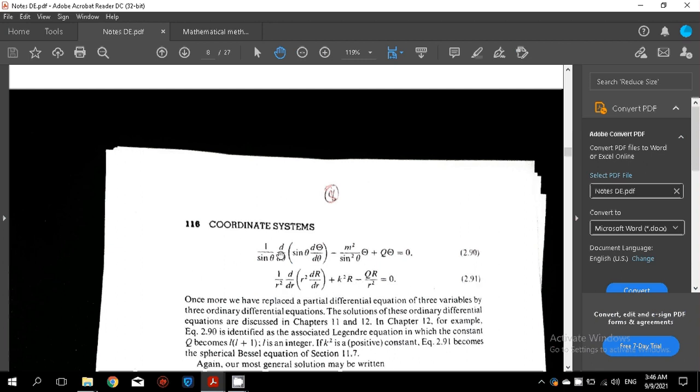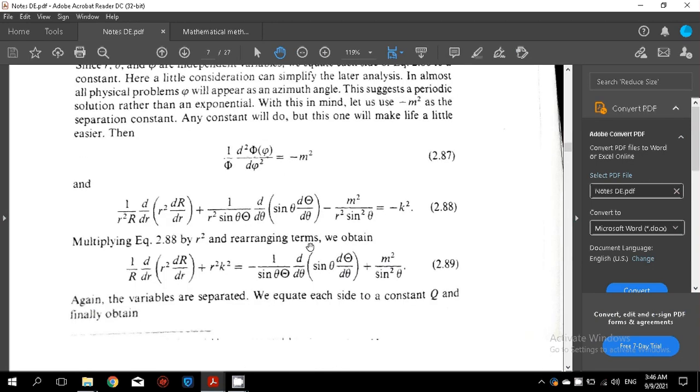So we have used the derivatives as d over d theta, or d over dr, or d over d phi, because now our function capital theta is only a function of theta, and capital R is only a function of small r, and similarly capital phi is only a function of phi.